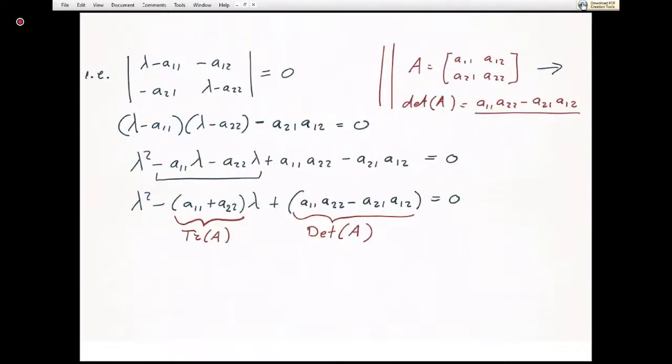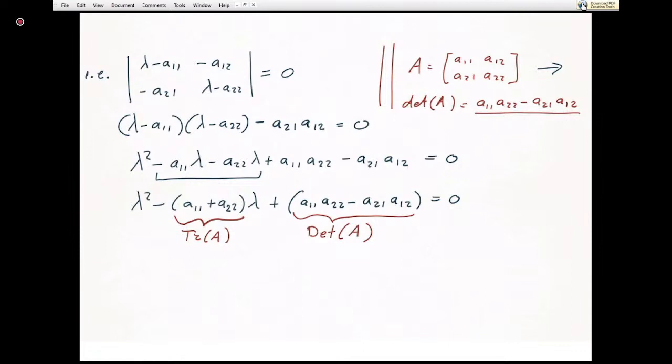So basically, we can just solve this equation: lambda squared minus trace of matrix A times lambda plus determinant of matrix A equal to 0. So this is the characteristic equation. You can just write down the characteristic equation based on the coefficients of matrix A without building A minus lambda identity and computing the determinant, basically, okay?